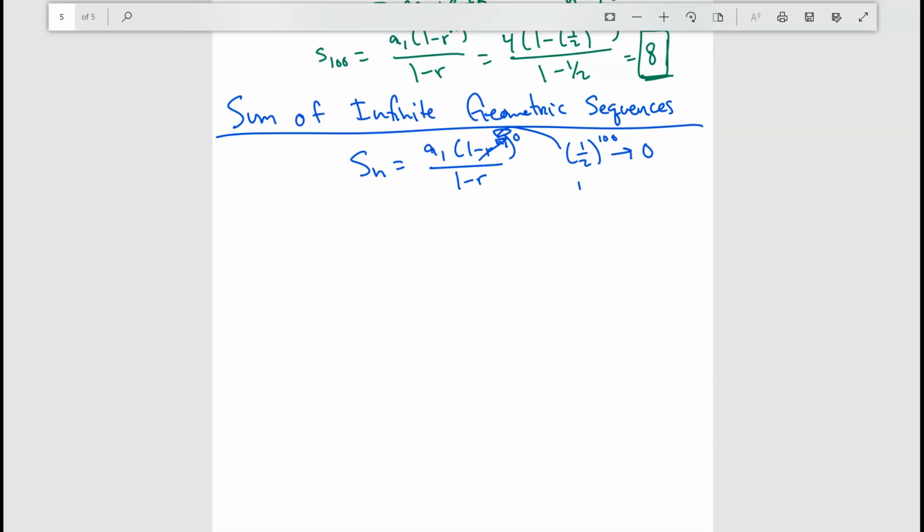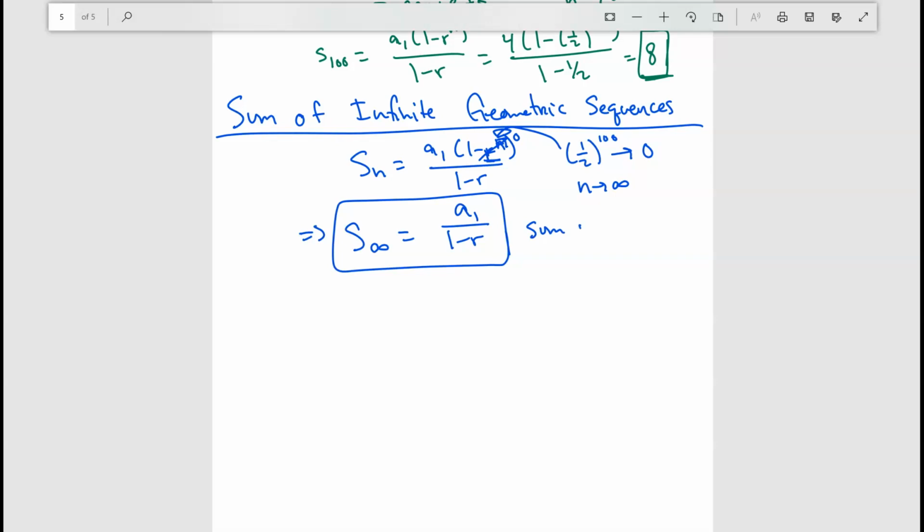When n gets really large, the r to the n term just goes away, and all I'm left with is this formula: S sub infinity is equal to a1 over 1 minus r. This is for the sum of infinite geometric sequences.